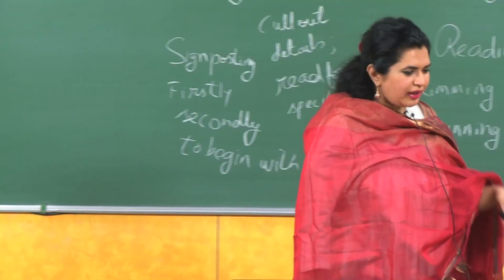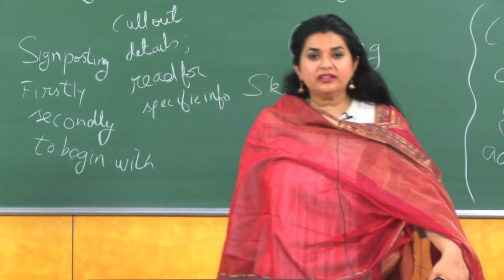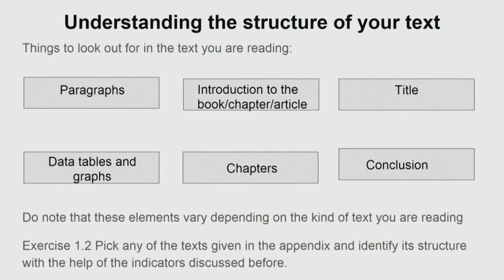Now, before I show you some actual passages, please look at the slide here. And this is all about understanding the structure of your text. Things to look out for in the text you are reading. So, first is paragraphs, as I told you just now. But before that, you have the introduction to the book or chapter or article, and before that, you have the title.